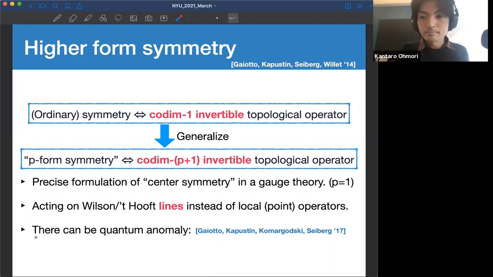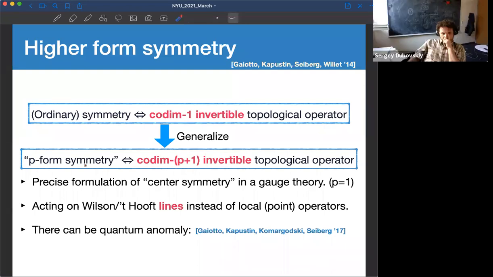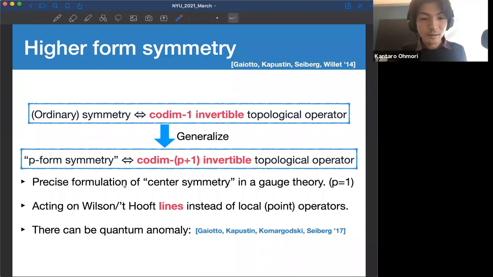And the virtue of this p-form symmetry was that it enabled us to think about the quantum anomaly for this p-form symmetry. It was not clear what the anomaly for the center symmetry is before this paper, but now it is clear what it is. And we can even do the classification of quantum anomalies and so on.